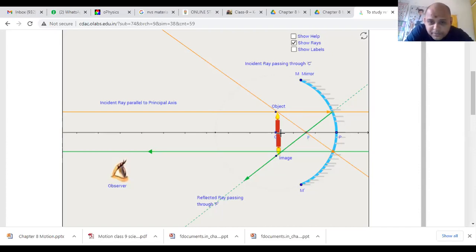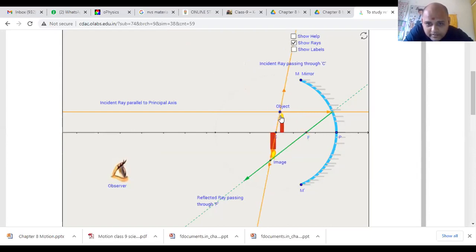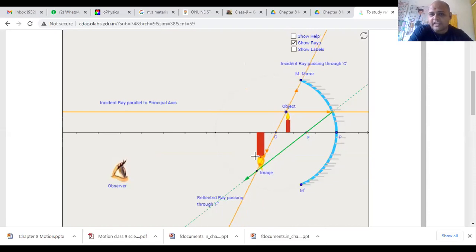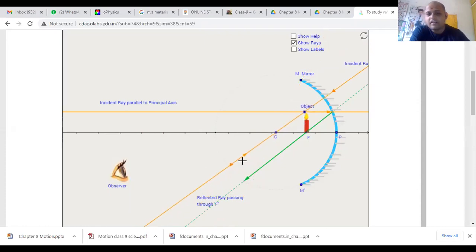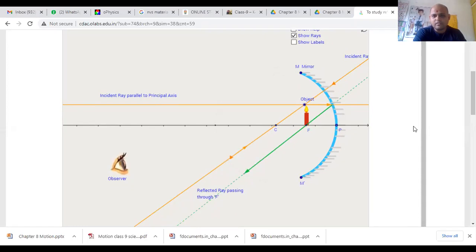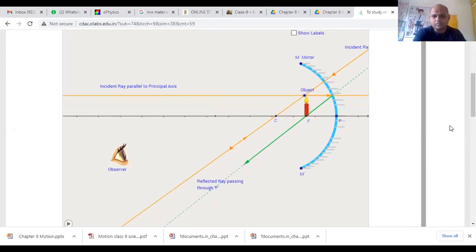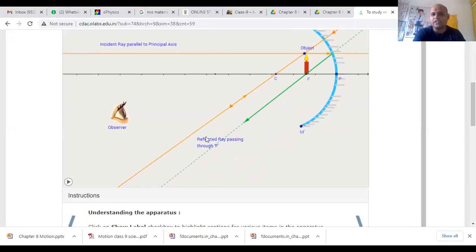When the object is between C and F, see, the image is getting larger and larger. It is increasing in size, but still it is a real image. It is inverted. When it is exactly on F, you can't see the image formation.